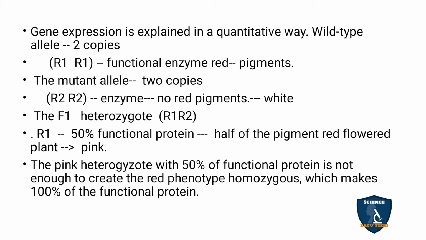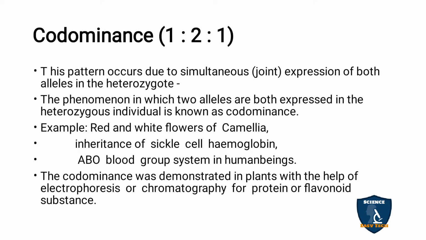So the pink heterozygous contains 50% of functional protein, and that is not enough to create the red phenotype, whereas the homozygous condition produces 100% of protein, so it produces red color. So this is the reason why the pink color appears in the F1 generation.